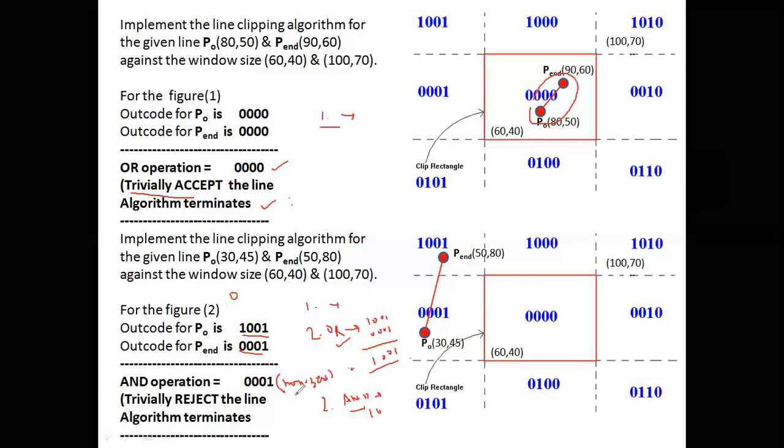So in the third step it gives you the idea that the line is lying completely outside the visible region. That is why this is the condition for trivially rejecting a line. So we reject the line completely over here and the algorithm terminates there only. So we don't have to calculate any intersection point in this case because clipping is not done. Simply by looking at the outputs only we have come to know that it is trivially accepted or trivially rejected.